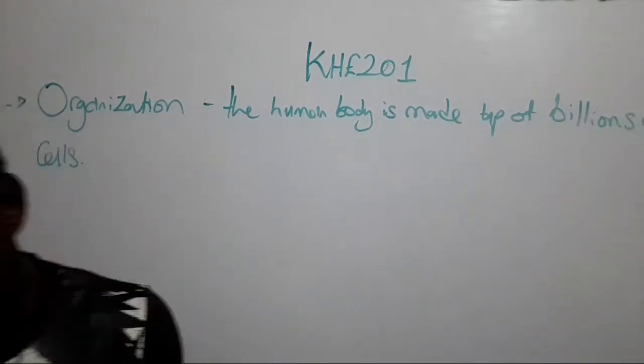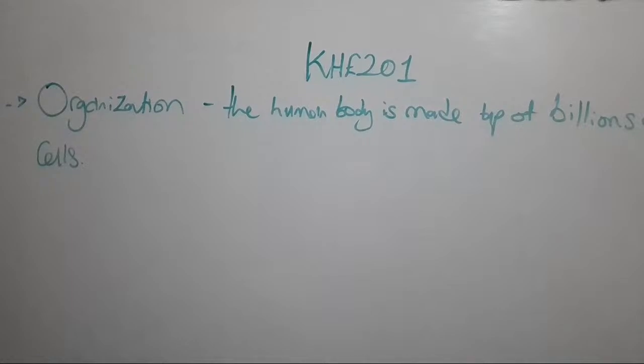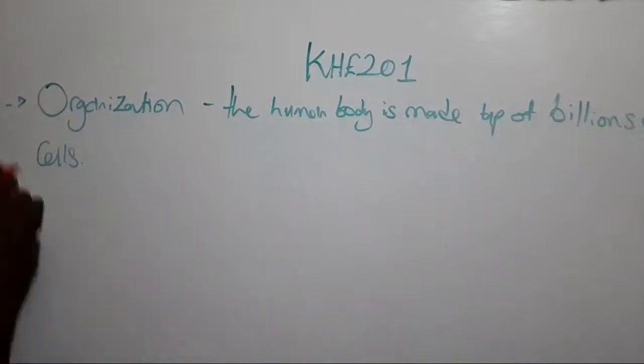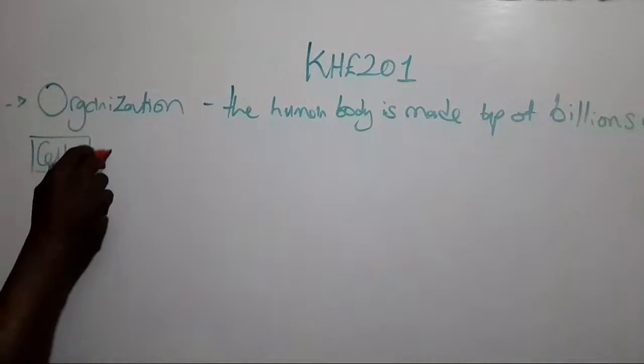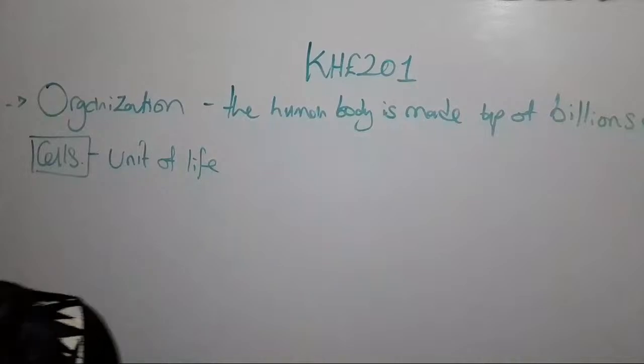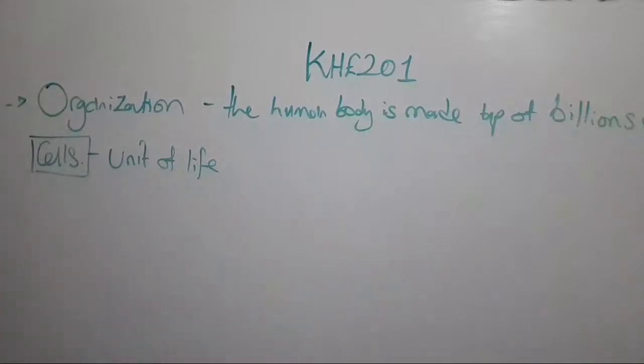And I believe the word cell or cells is not a new thing to us at this level. When we talk about cells, we are referring to that unit of life. Unit of life that can exist on its own and the basic building blocks of living organisms.